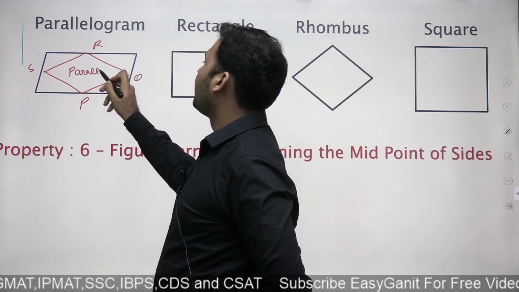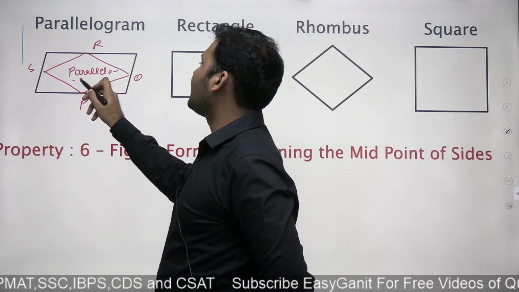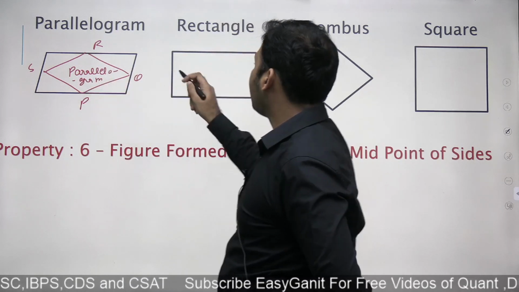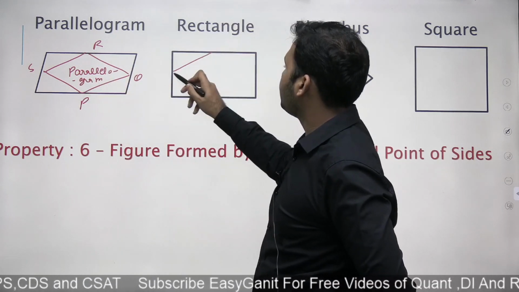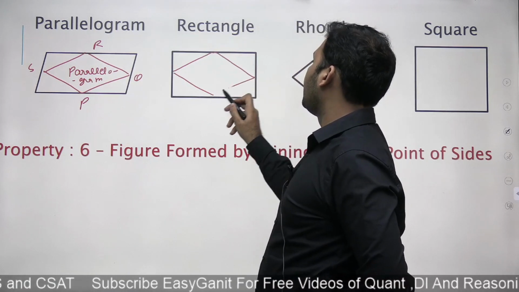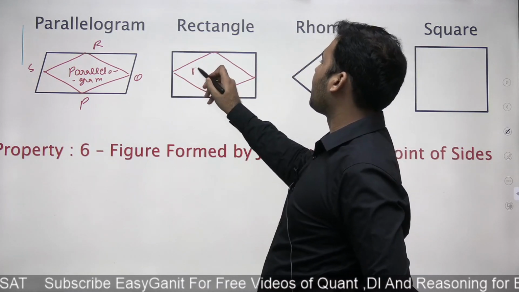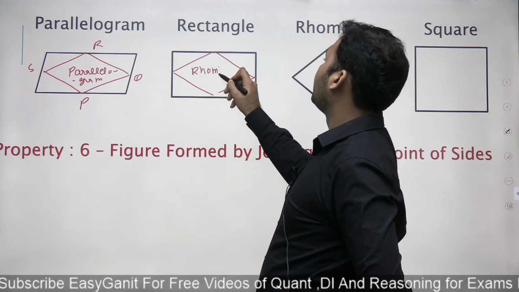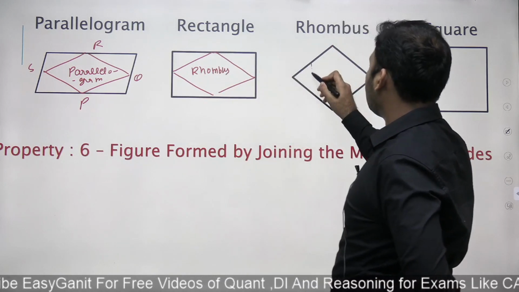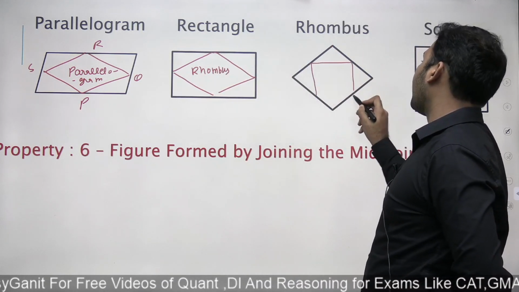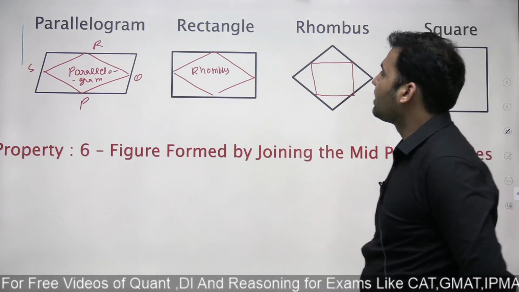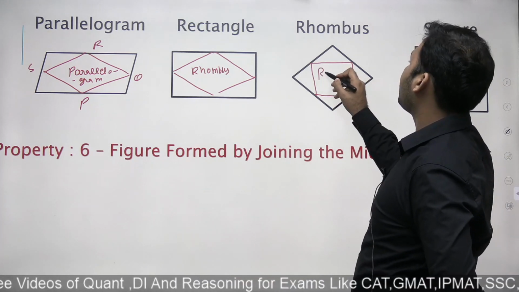Again, the proof of it is in part 1. And in case of rectangle, when you join the midpoints, you will be getting a rhombus. And in case of rhombus, if you join all the midpoints, you will be getting a rectangle.